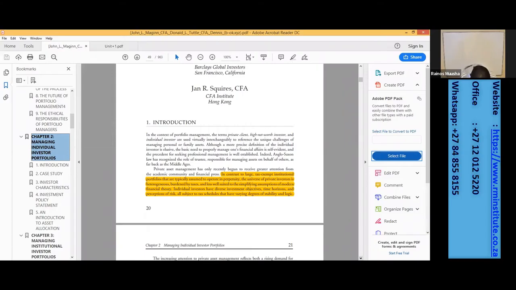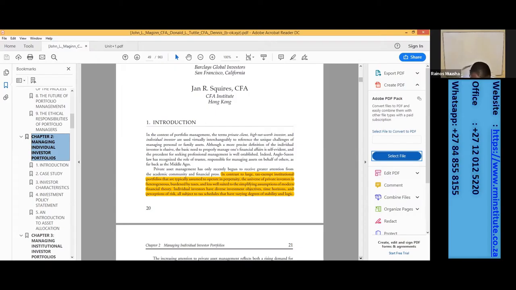So in contrast to large tax-exempt institutional portfolios that are typically assumed to operate in perpetuity, the universe of private investors is heterogeneous. And when they say heterogeneous, it basically means that it's different, different all over the place. And it's burdened by taxes and less well suited to the simplifying assumptions of modern financial theory.